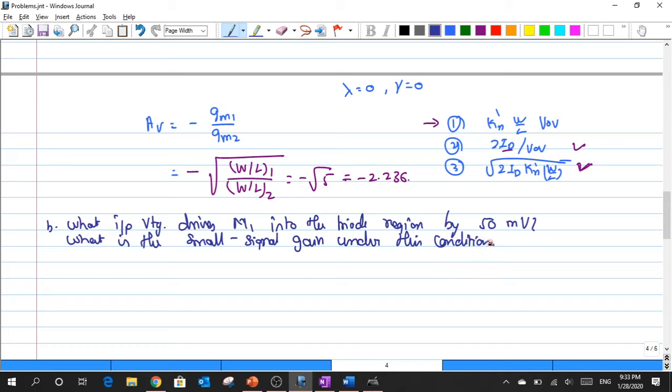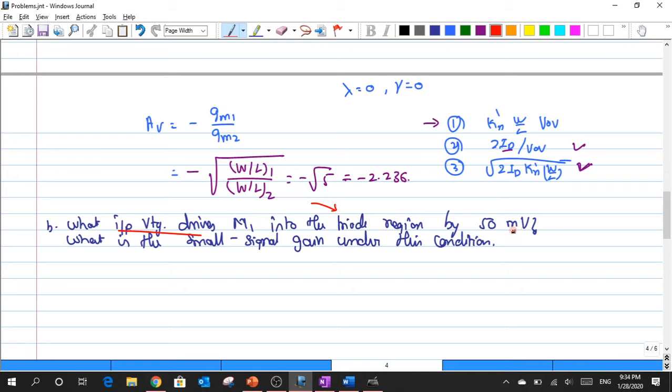Let us try to see what exactly has been asked. We have been asked to compute the value of the input voltage, so it's obvious that we still have to go for the DC conditions. But the other thing to observe is that right now the M1 transistor is not at the edge of the triode region, but rather it has been pushed into the triode region by 50 millivolt.